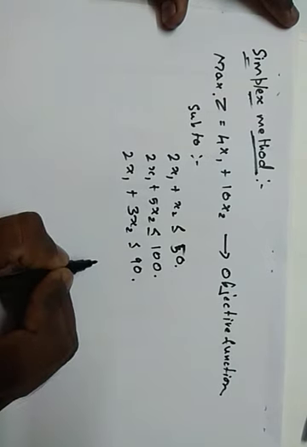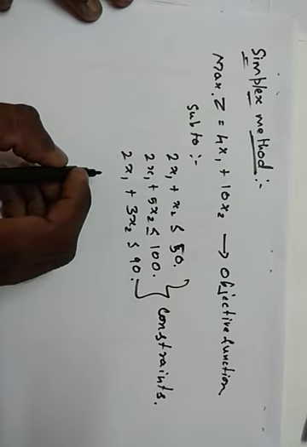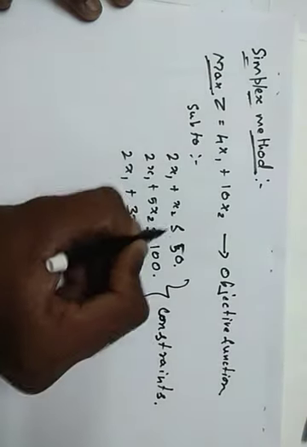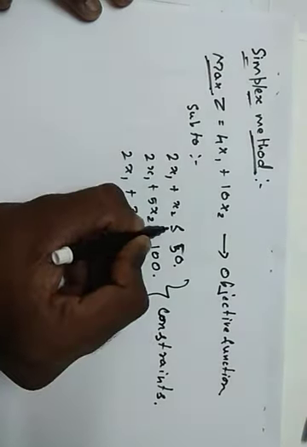So these three are called as constraints. Now if you have max, then the symbol of the subject to should always be lesser than. Now in this example it is lesser than.